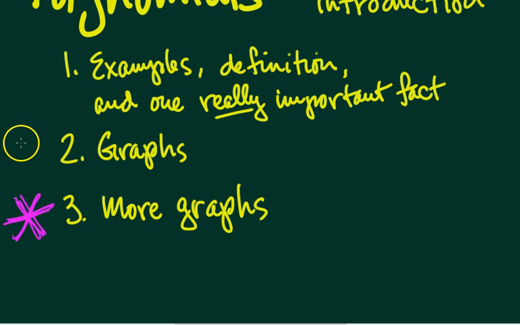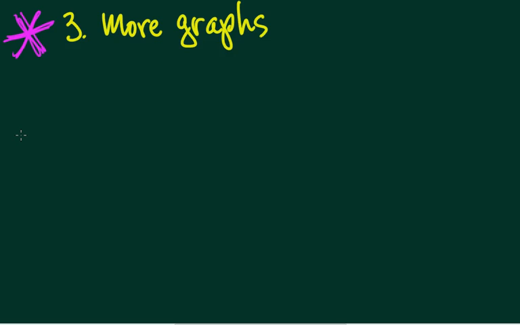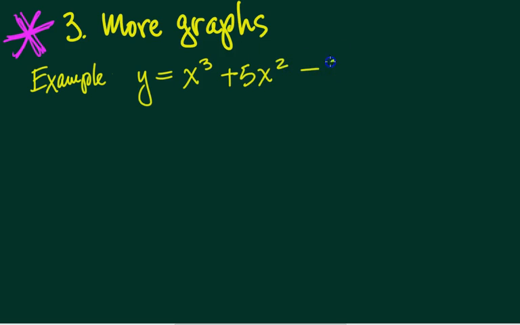Okay, so more of the same, that is, more graphs. Our next example is one that we mentioned before. y is equal to x to the third plus 5x squared minus 5x minus 10.